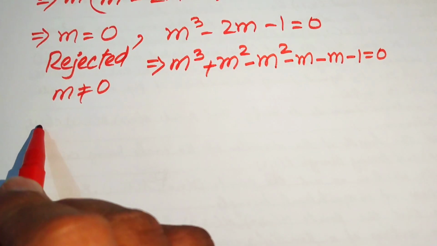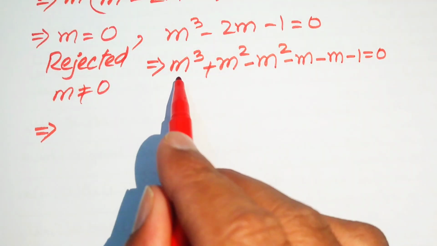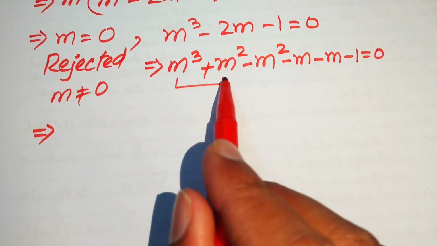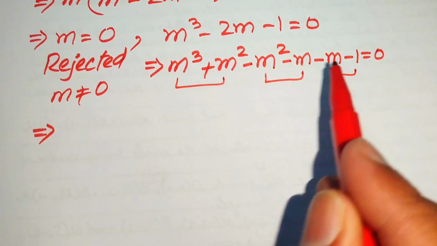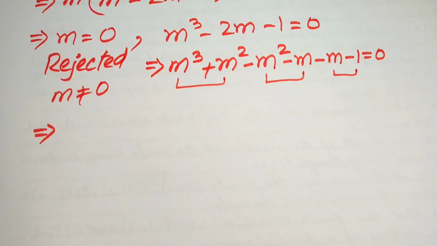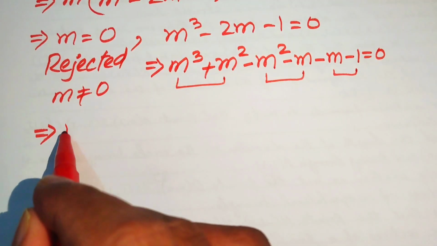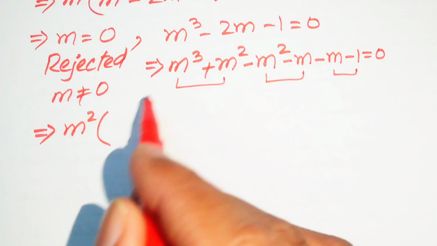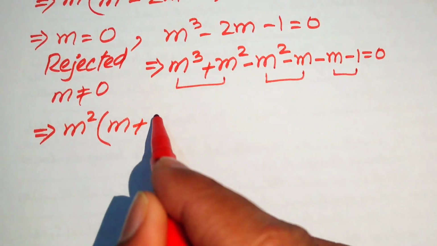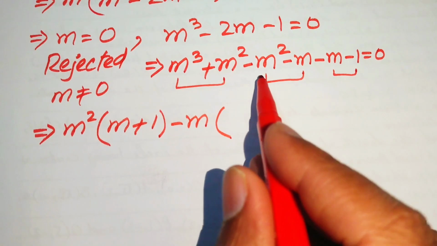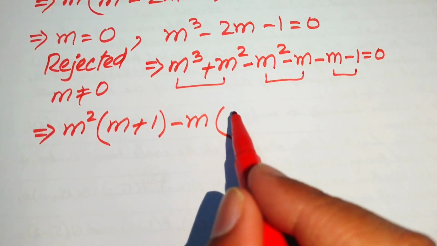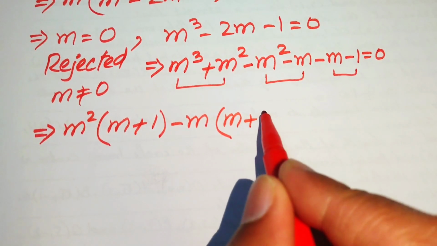In the next step, we have m squared common from the first two terms, m common from the next two, and minus 1 common from the last two terms. We take common m squared, and the remaining terms are m plus 1. We take common minus m, and the remaining terms are m plus 1.